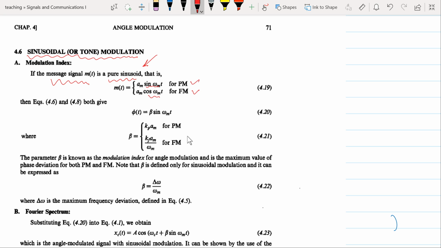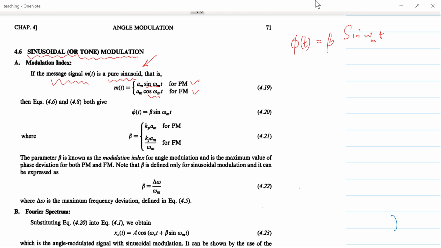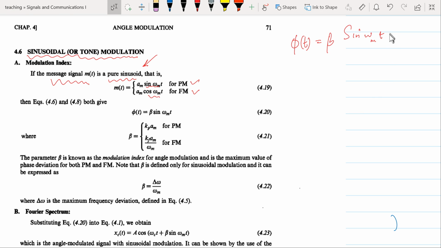And therefore, from the previous equations where we defined phi of t, we can say that phi of t is going to be given by beta sine omega m t, which we said was equal to k_p m of t. And it is at this stage that we are saying that the message signal is a pure sinusoid.